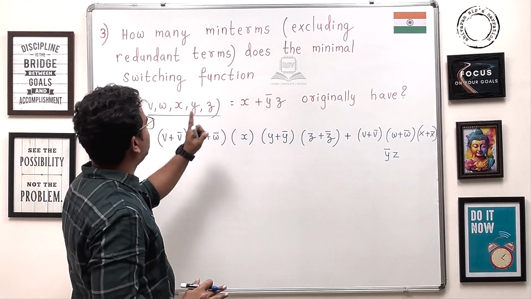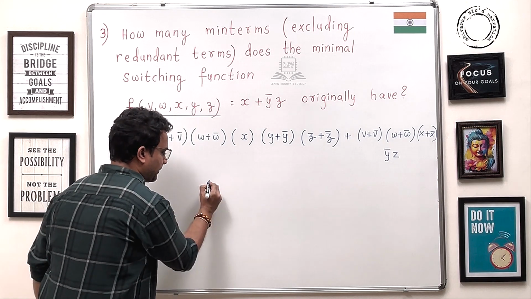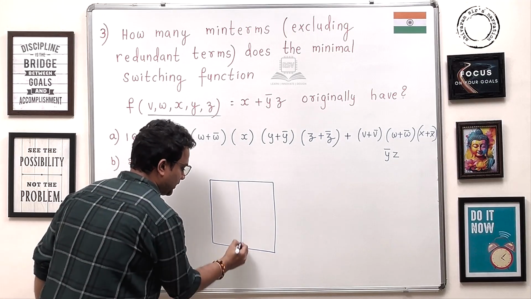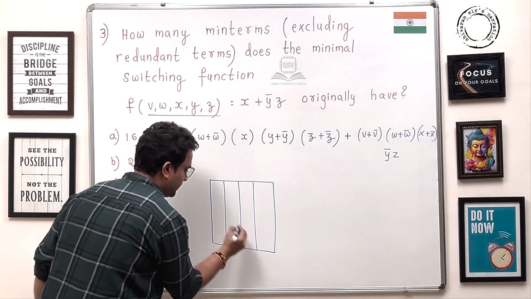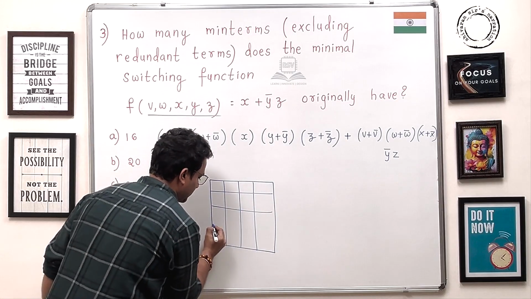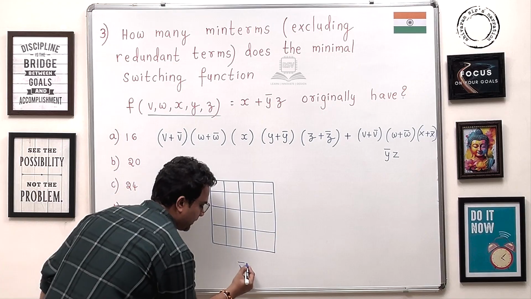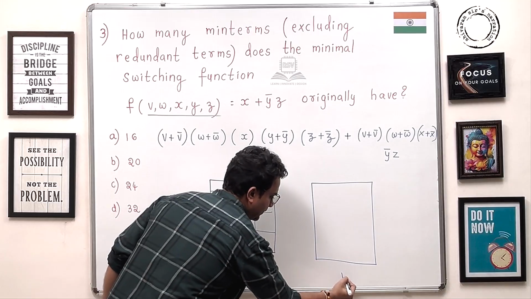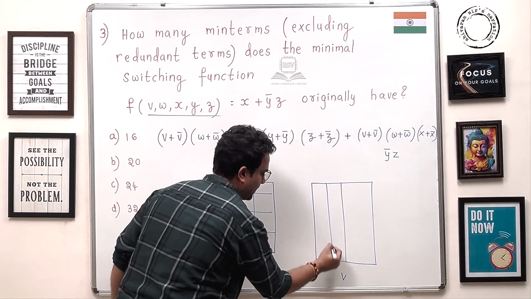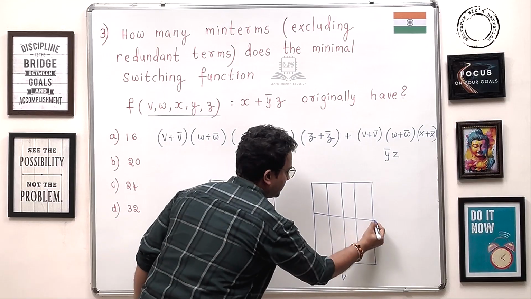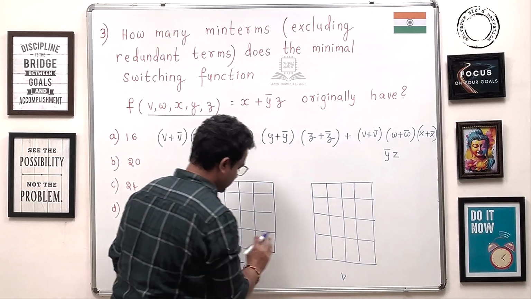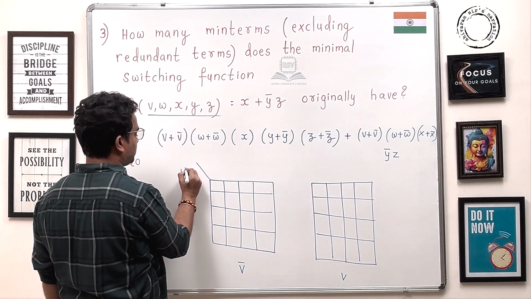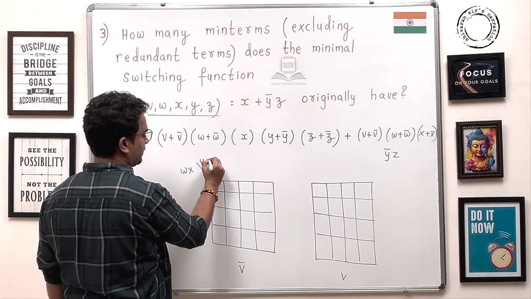It is a 5 variable Boolean function. Then what is a K-map? Here obviously we can take it this way, one for v bar, another one for v. It's a 4 variable K-map individually, and this is v bar and this is v, and the remaining is wx yz.